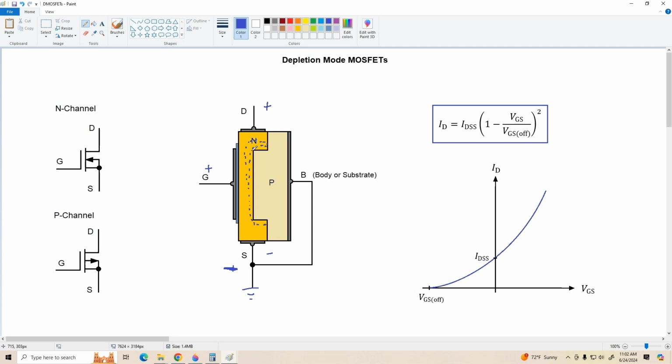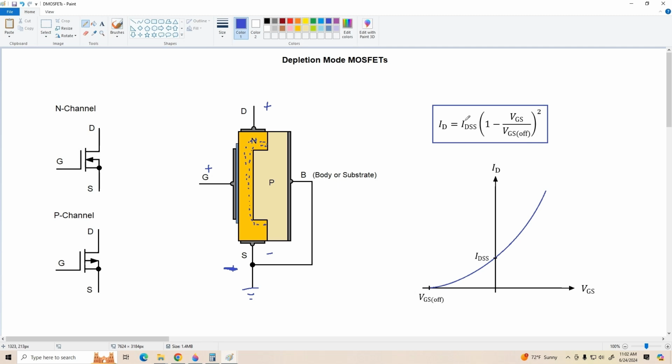All right, the gist of the whole thing is that we can operate this device either in this second quadrant, which would be the depletion mode, or the first quadrant, which technically would be an enhancement mode operation. But it has the same equation describing the drain current versus VGS as the JFET, and here it is.